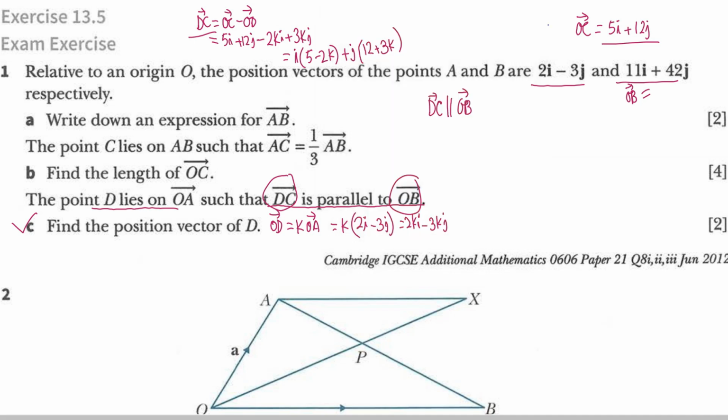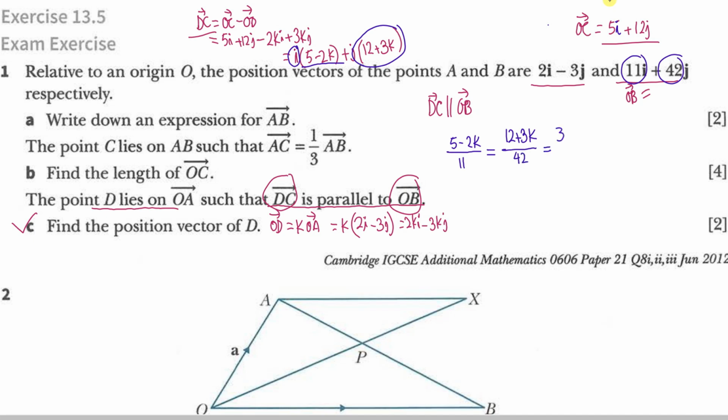We equate the coefficient of i: 5 minus 2k divided by 11, and on the right side, 12 plus 3k divided by 42, the coefficient of j. That is the main relation to get our value of k.